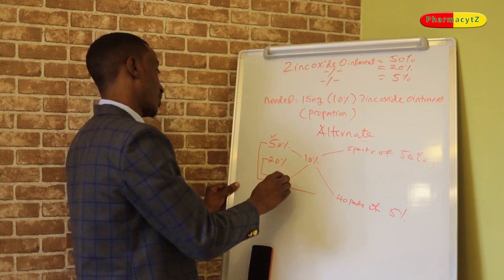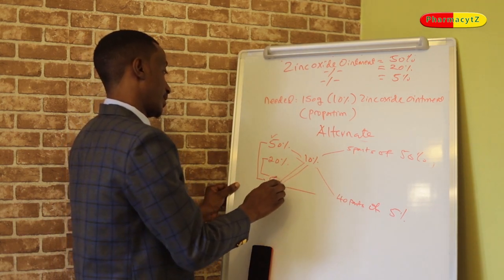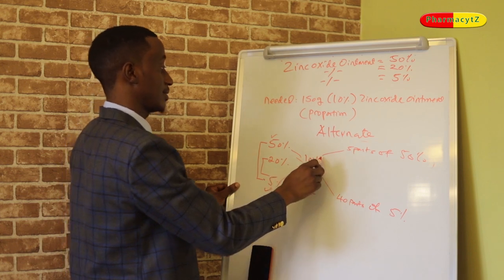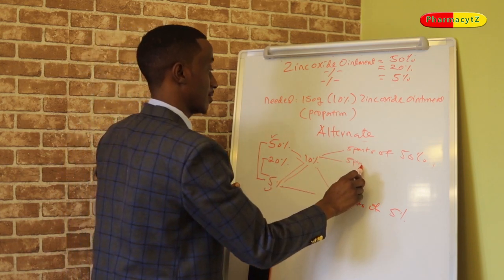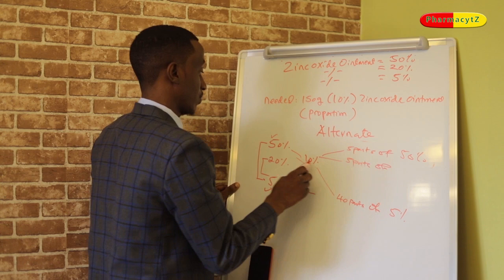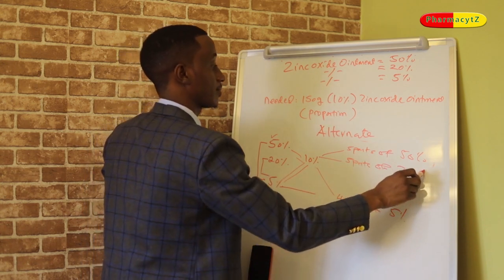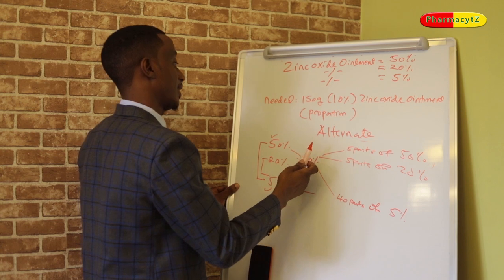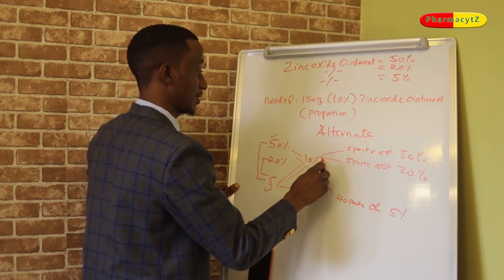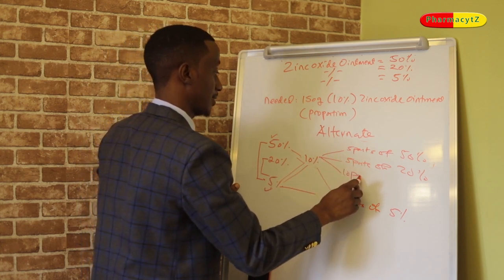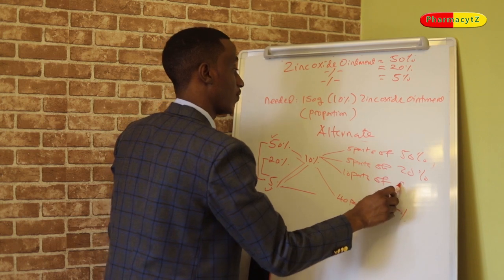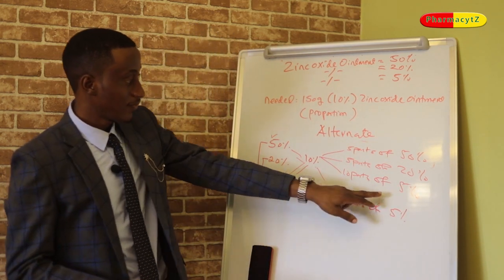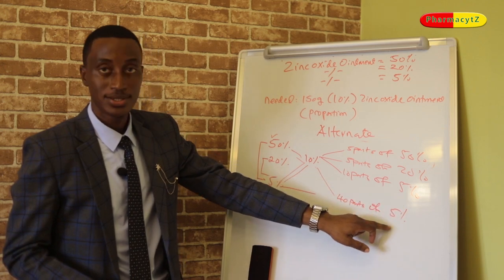If we alternate 20 and 5 against 10, then 5 minus 10, that is 5 parts of 20%. Then 20 minus 10, that is 10 parts of 5%. You can notice that 5% has repeated itself.